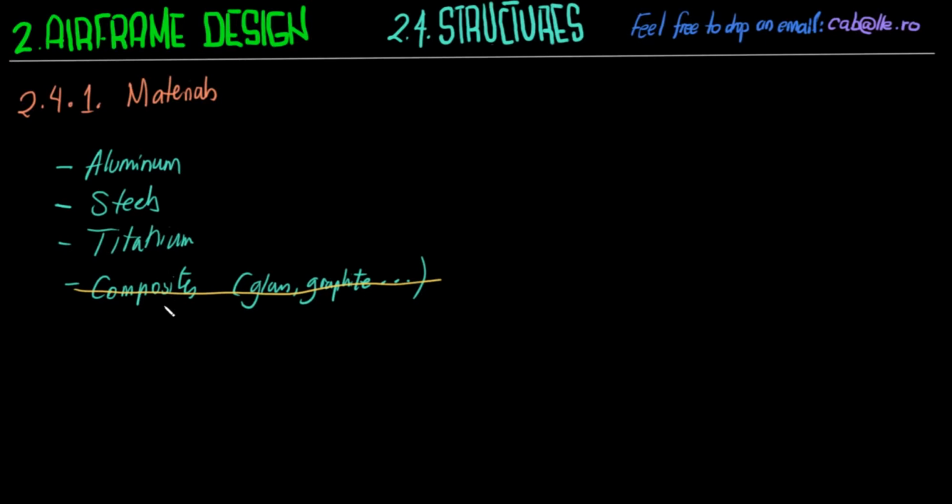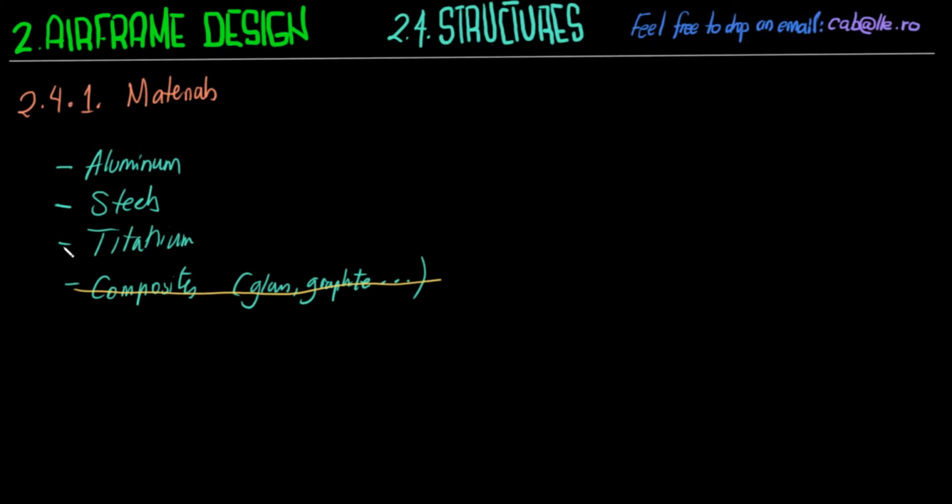The nice thing about composites is the weight is probably going to go down compared to aluminum and steel. So if you want to cut down the weight, composites are the way to go. But the manufacturing process is much more complex, and a lot of the time it's going to be way more expensive.